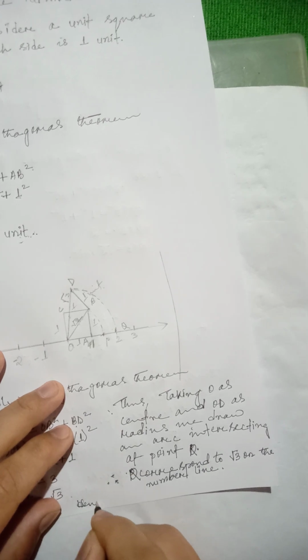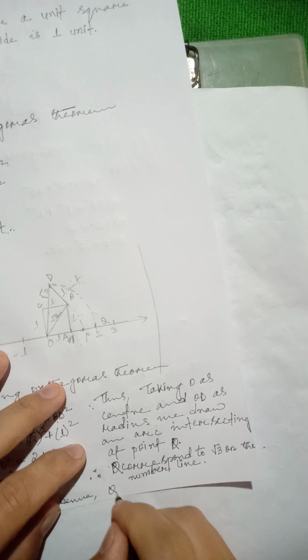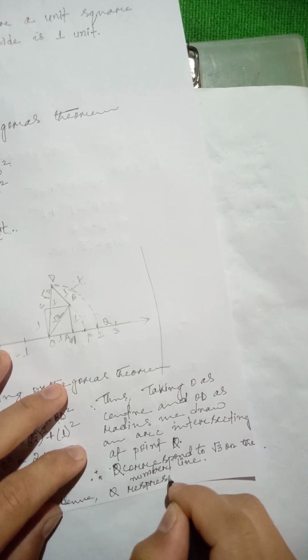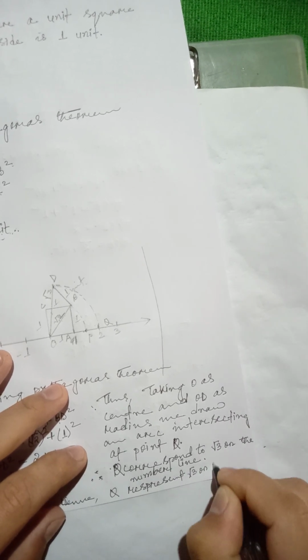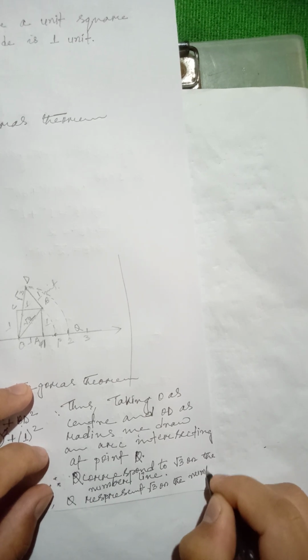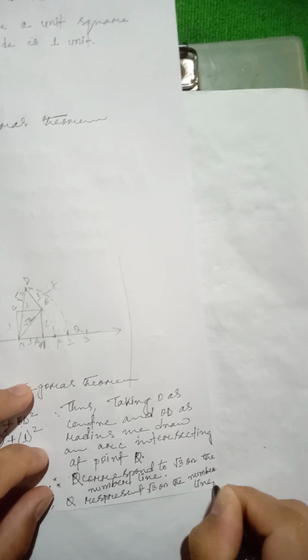Hence, Q represents root 3 on the number line. Okay, so that's it.